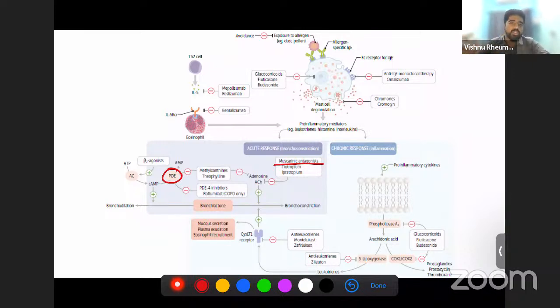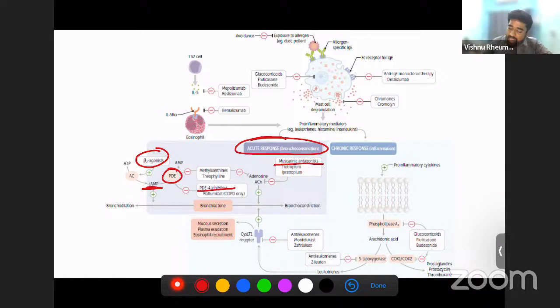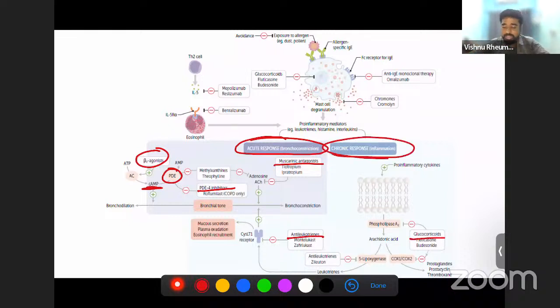Again, phosphodiesterase is also something that is breaking down your mediator, that is your cyclic AMP. All of these are your acute response agents, which are basically beta agonists, muscarinic antagonists, PDE4 inhibitors. And if it is chronic response, then it is something like a steroid, something like a leukotriene blocker. All of these are your chronic response actions.